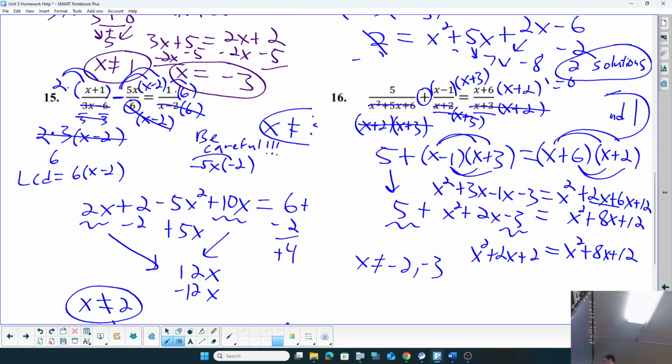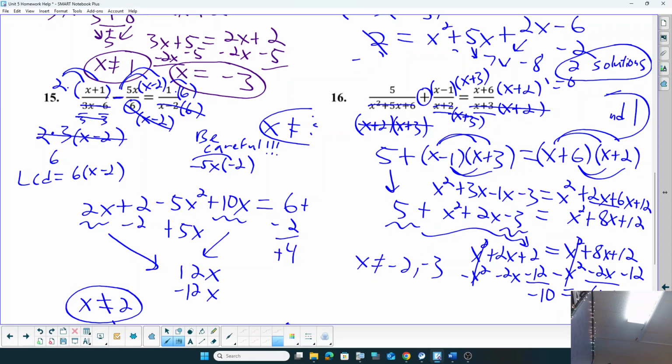We don't have to factor this one because the x squareds are going to cancel. Then we minus 2x to this side, so we get a 6x. And we minus 12 over to this side, and we get a -10.